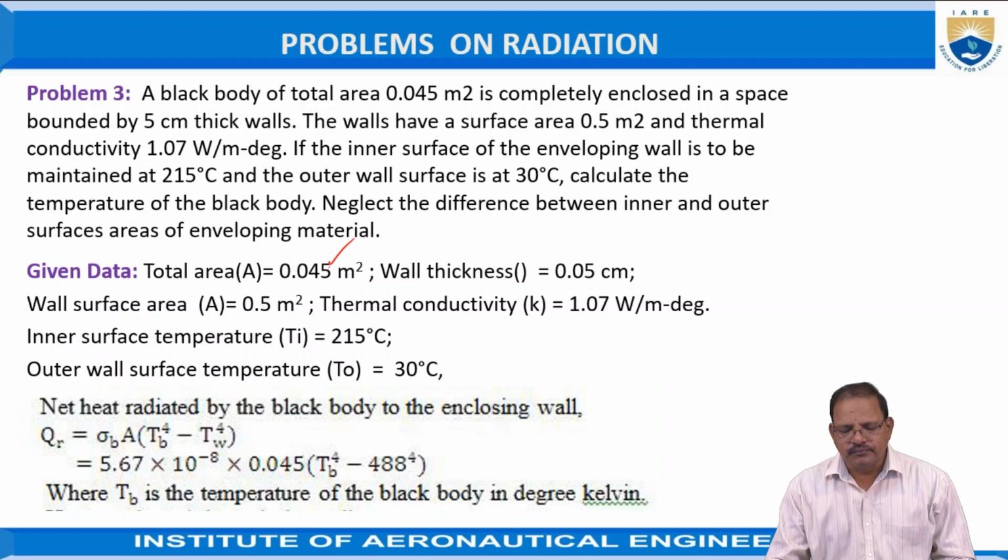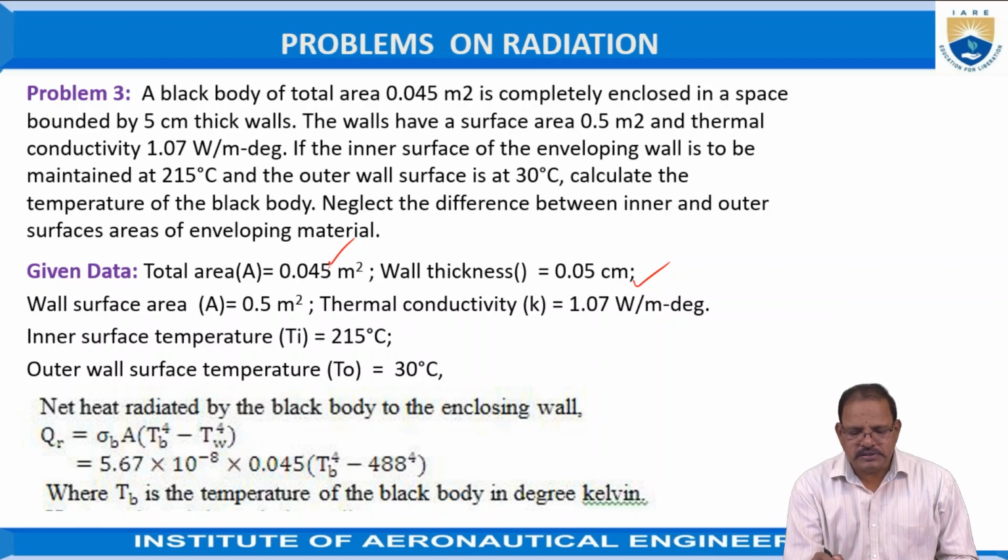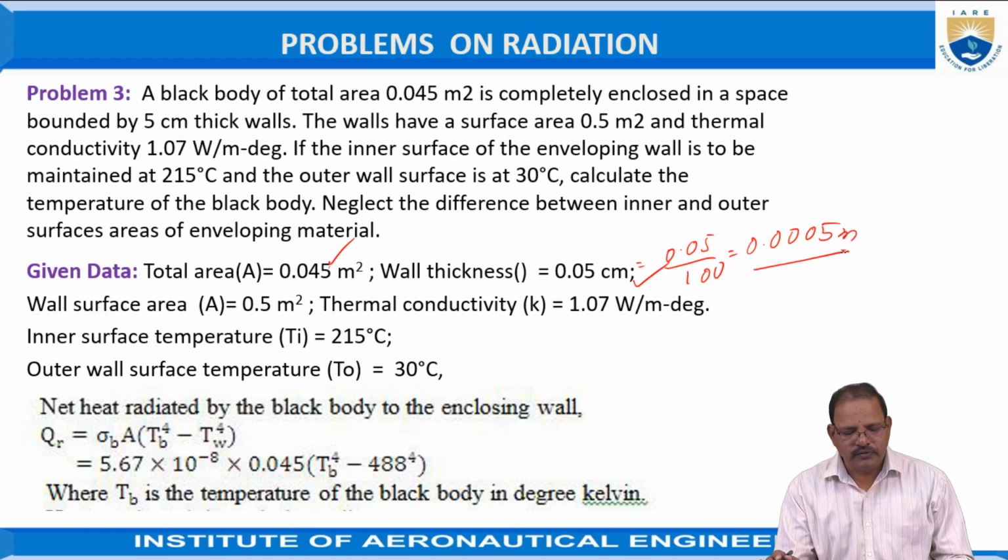Wall thickness is given as 0.05 centimeters, which can be expressed as 0.05 divided by 100, equal to 0.0005 meters.